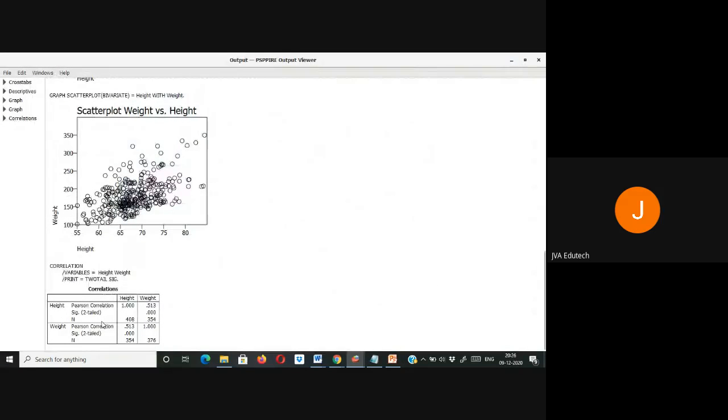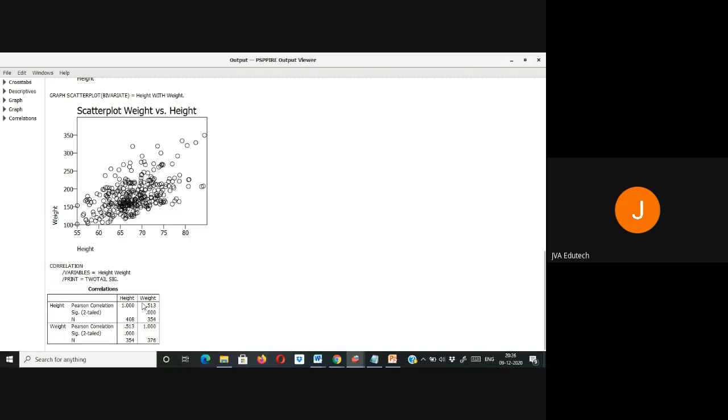Now see this correlation table. What is it indicating? See, correlation of height with itself is 1, क्योंकि height का height से तो 100% आएगा.